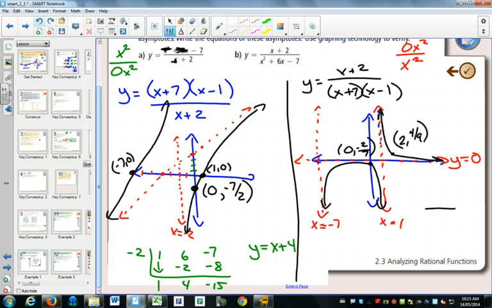On the top you would get -6, right? -6 over 9? Okay, -6 over +9, you said? So that's going to be down here. It's going to look like this.